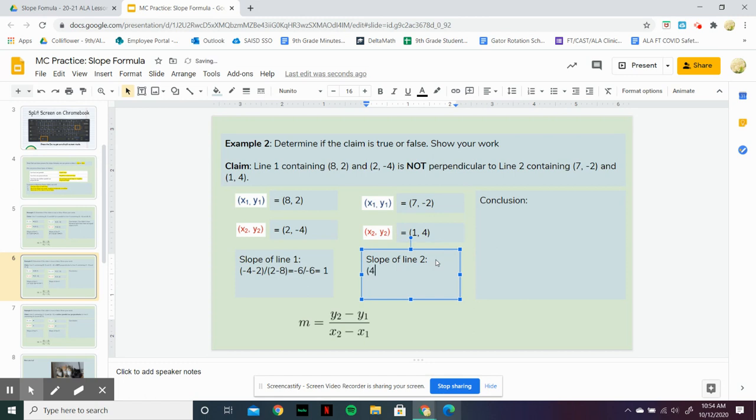So y2, which was 4, minus y1, -2, divided by x2, which was 1, minus 7, which was x1. 4 minus -2 is the same thing as adding, so that would be 4 plus 2, which is 6, divided by 1 minus 7, which would give me -6. I know that 6 divided by -6 is -1.